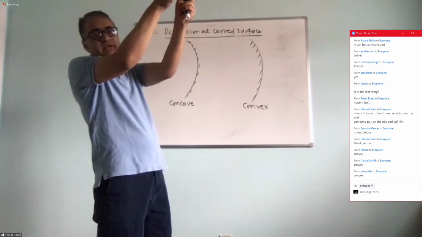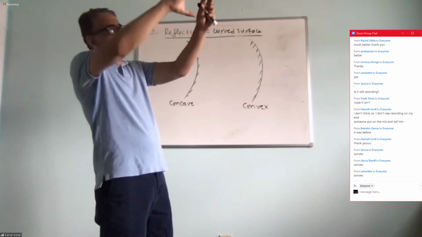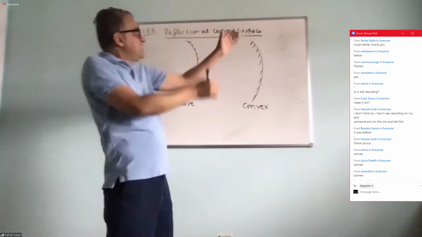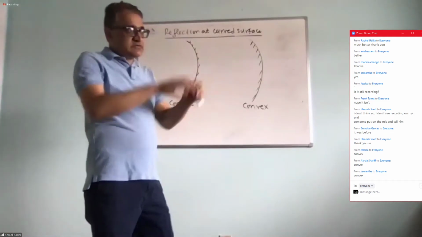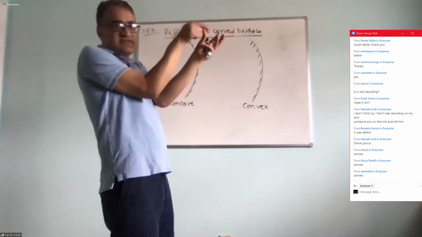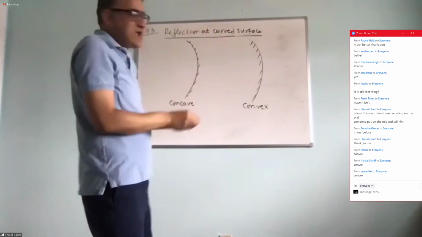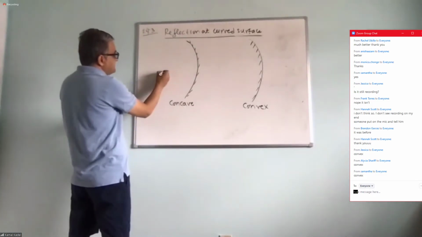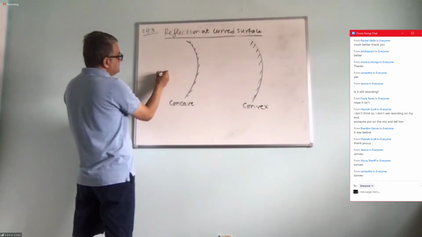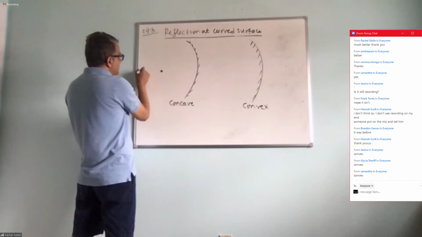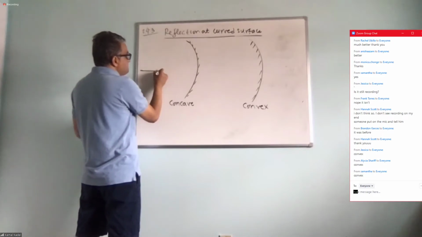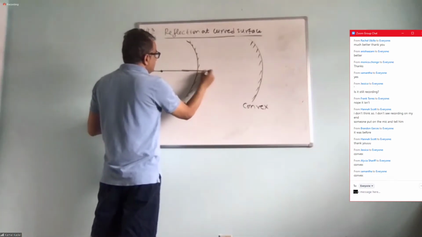So if you have this spherical surface, that surface will have a center in the middle, right, everyone? This is only a part of that spherical surface. So that sphere has a center in the middle. Now this is the center here. If I draw a line passing through that center, this makes sense.